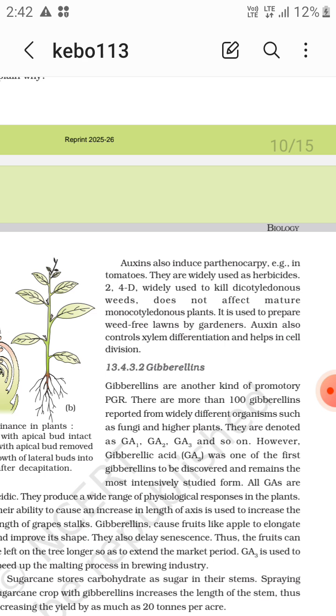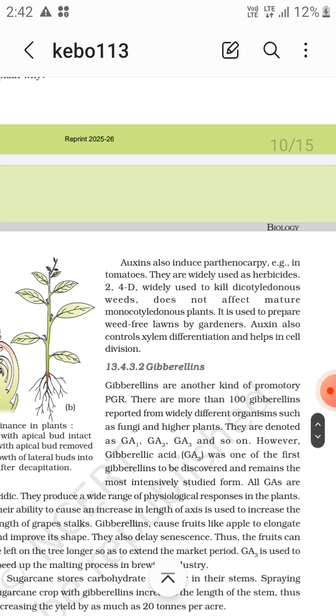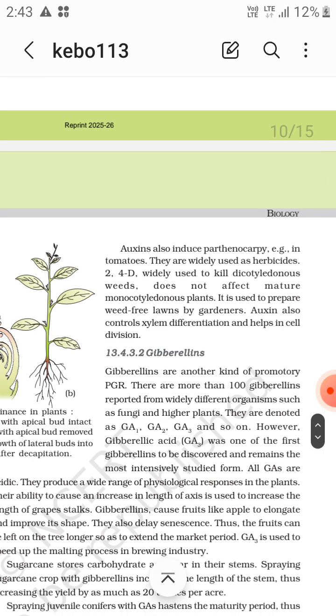It is a synthetic auxin, widely used to kill dicot weeds, and it does not affect mature monocot plants, so it is specific in nature. So auxins are used to prepare weed-free lawns by gardeners.